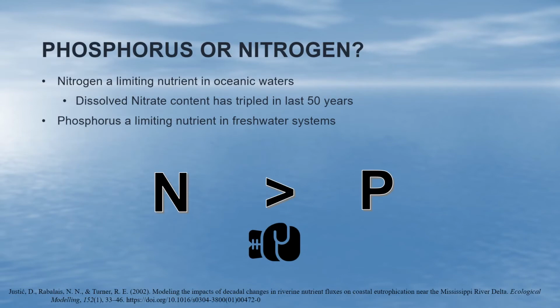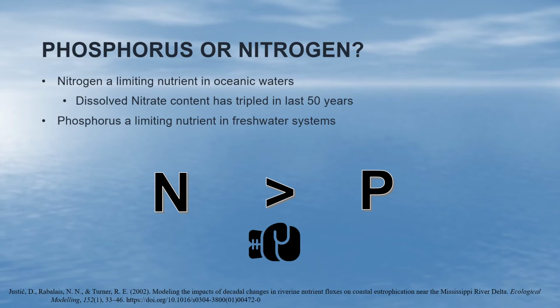So we've now mentioned nutrients as the main cause of eutrophication, which is invariably the main cause of these hypoxic dead zones. And we've discussed phosphorus and nitrogen as kind of the two main nutrients that we're concerned about. So what is the one that we're the most concerned about for ocean water? Well, nitrogen is a limiting nutrient in most oceanic waters.